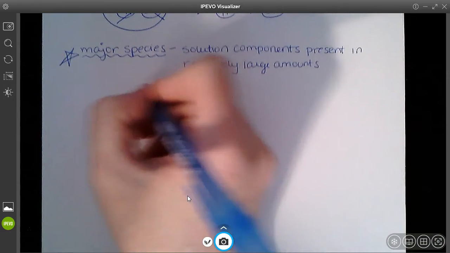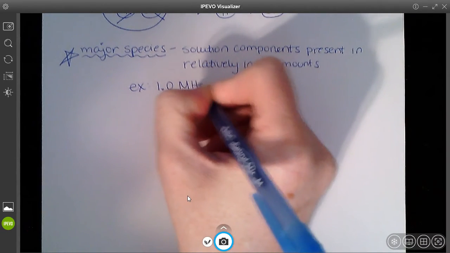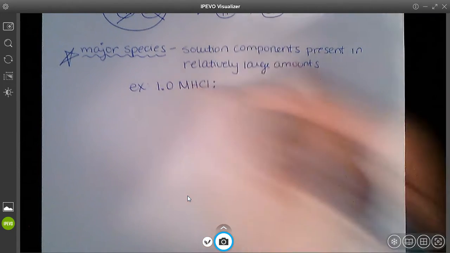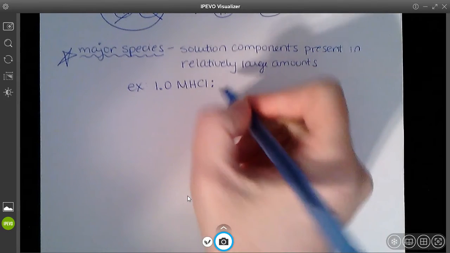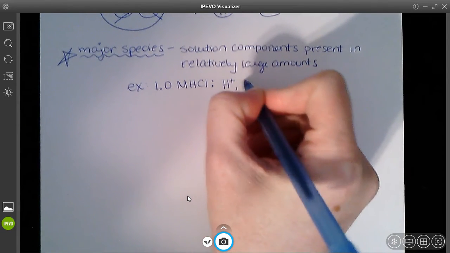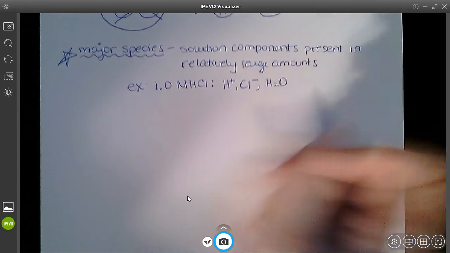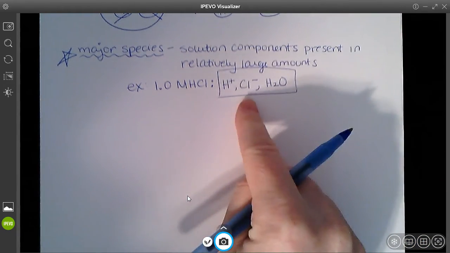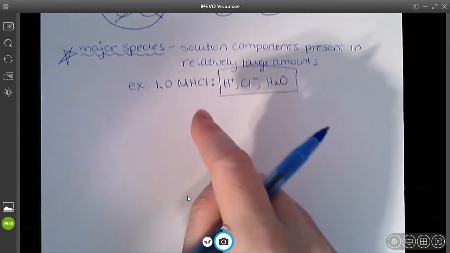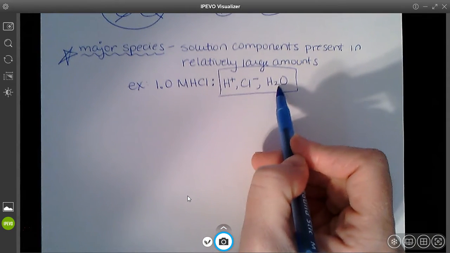So for example, if you had a 1.0 molar solution of HCl, then your major species would be, well, the HCl is going to break up into a hydrogen ion and a chlorine ion, and you're also going to have water. So these are your major species, the major things found in 1.0 molar HCl. Notice we don't have any OH minus, even though water ionizes itself and becomes H plus and OH minus, which is interesting.